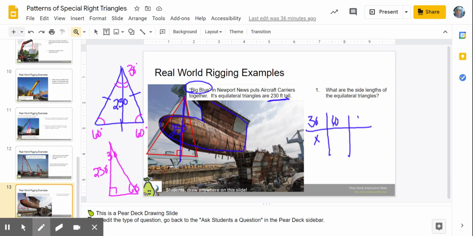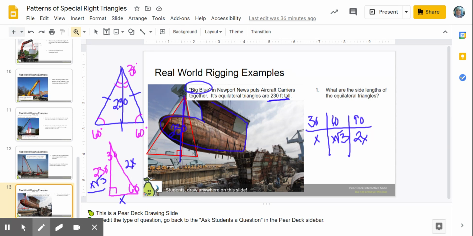Opposite the 90 is the 2x. And opposite the 60 is x times the square root of 3. I've got three different sides, so I'm going to use the square root of 3. So opposite the 30 is the x. Opposite the 60 is x times the square root of 3. And opposite the hypotenuse is the 2x.